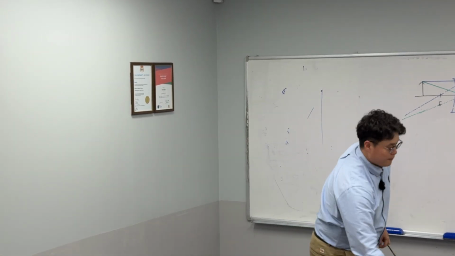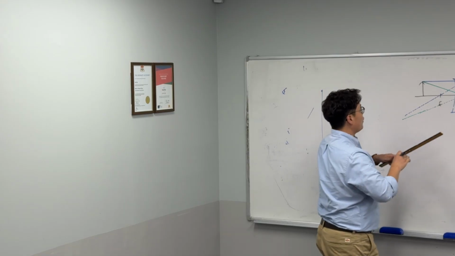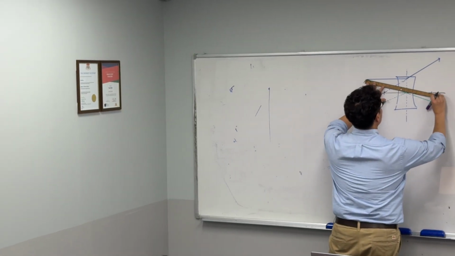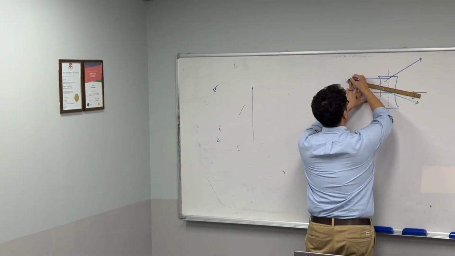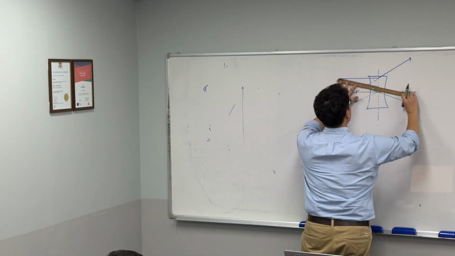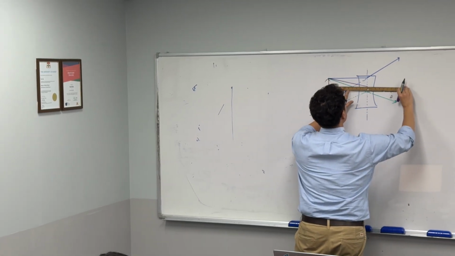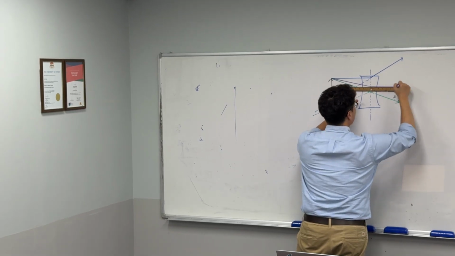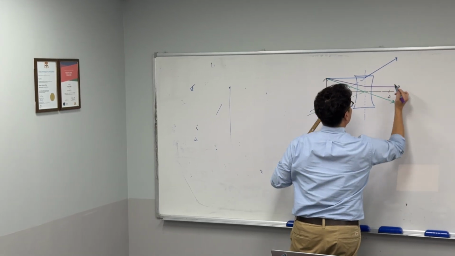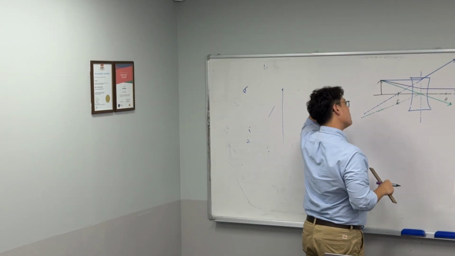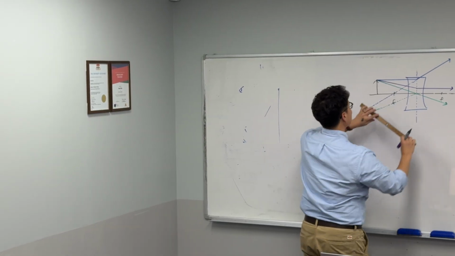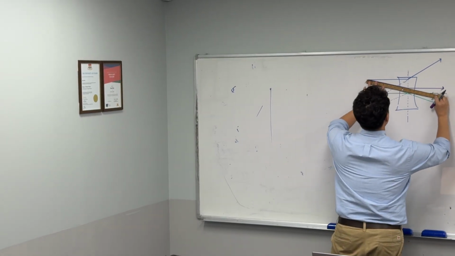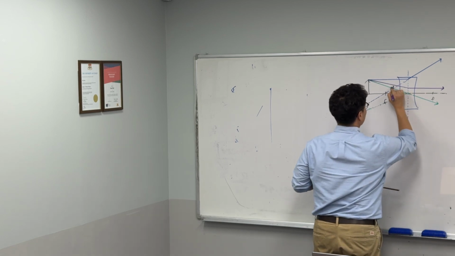Ray 3, from the head through the focal point, so it will be like this. We use the second focal point, so light goes all the way to here, and then gets refracted parallel to this line. Okay, you will see the point of joining here like this.